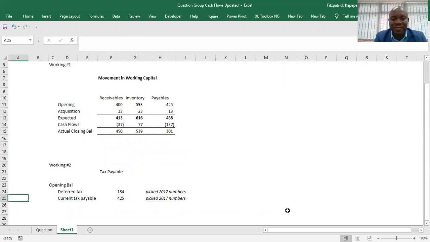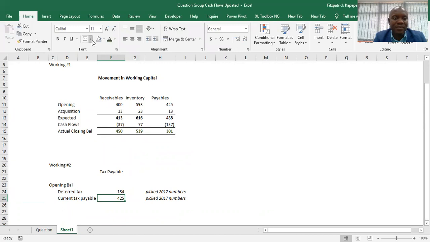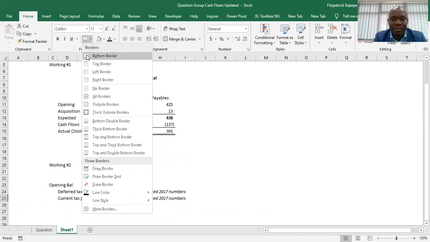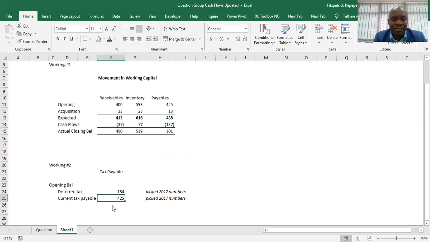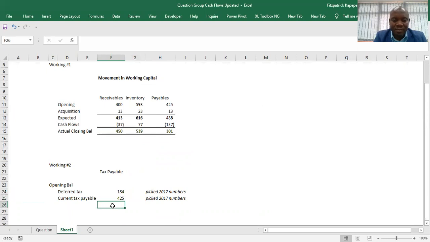That is what we did. This is the opening balance. So this is what we expect. This was the opening balance.